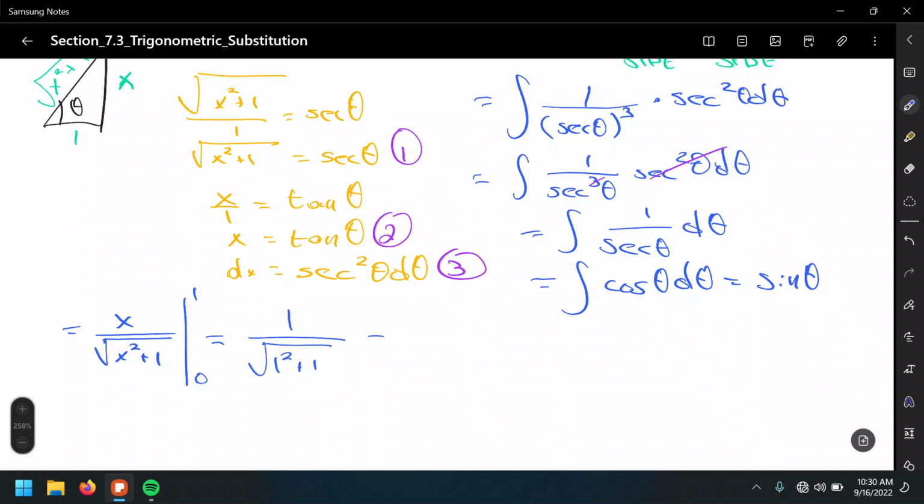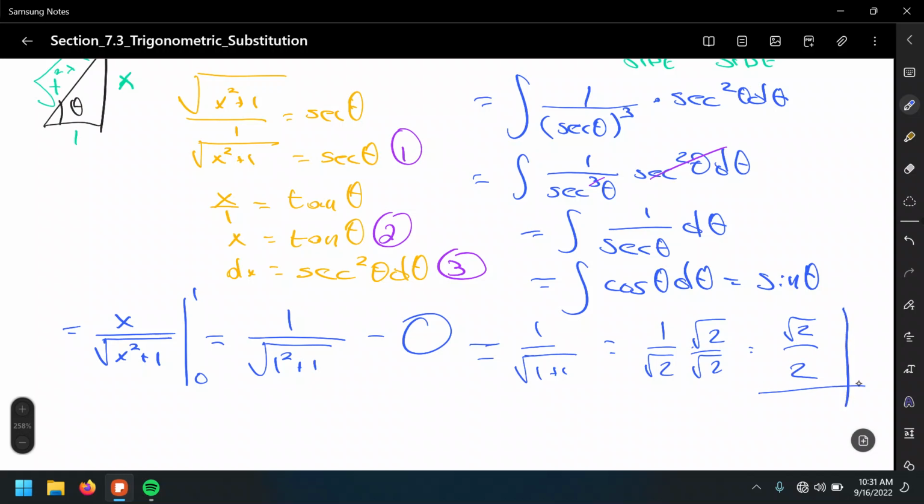Whatever that is, it's going to be just a big 0. That's fine. So that's 1 over the square root of 1 plus 1, which is 1 over the square root of 2. You might want to rationalize these values. That's root of 2 over 2.